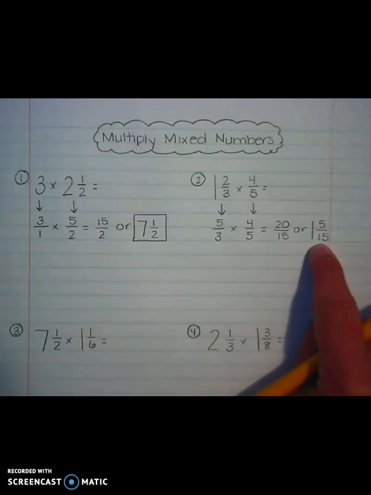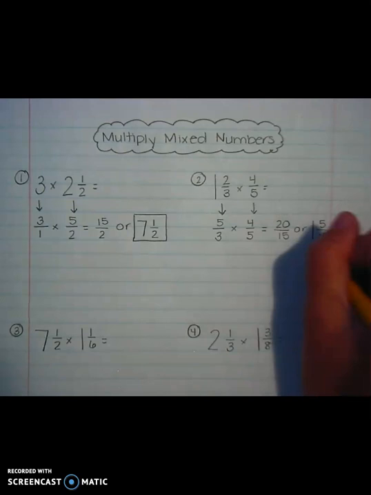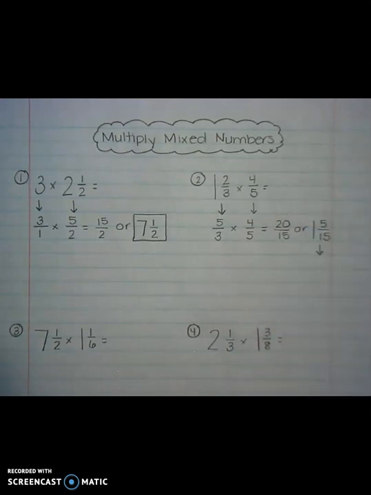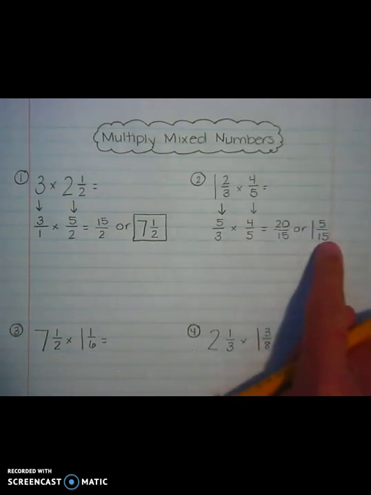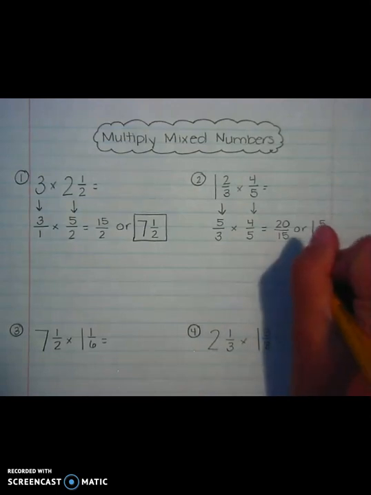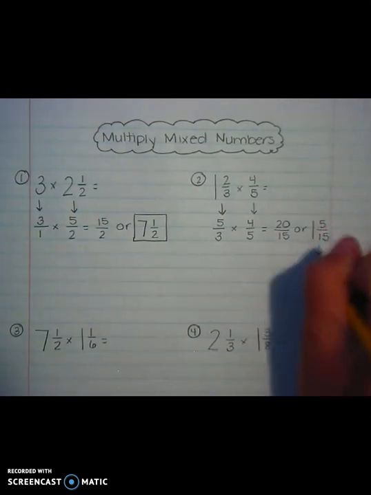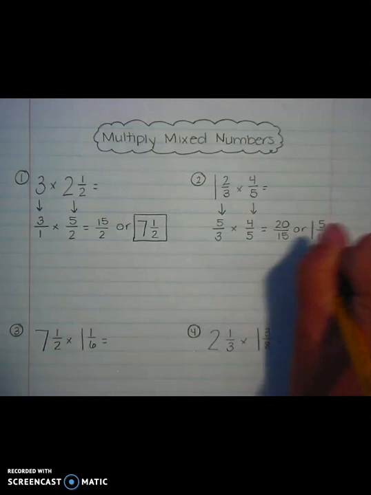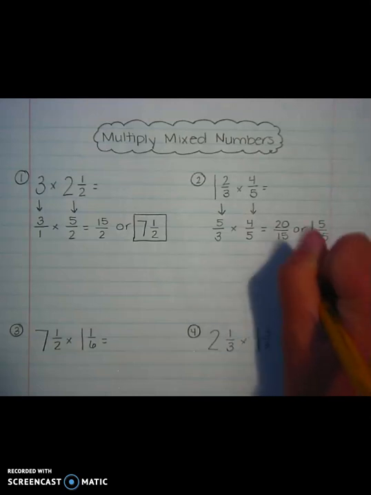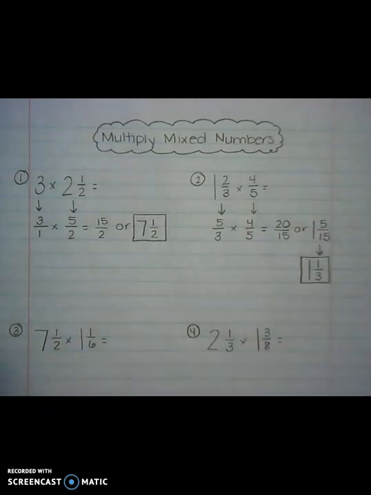I can tell that I can divide 5 and 15 both by 5. So I could write this final answer as 1 and 5/15, or in simplest form, I could write this as 1 and 1/3.